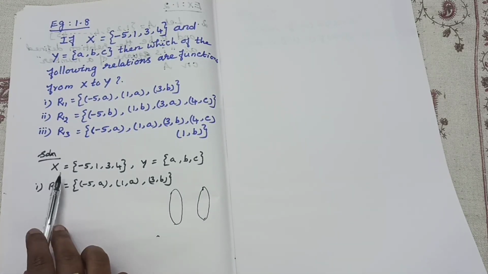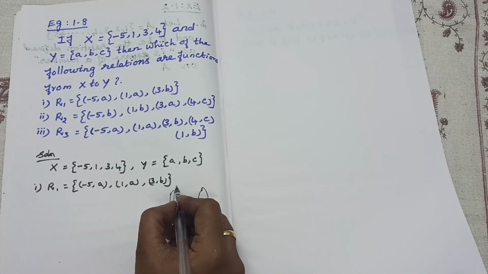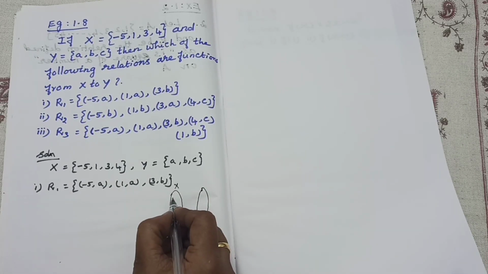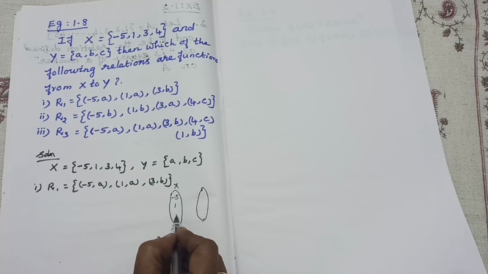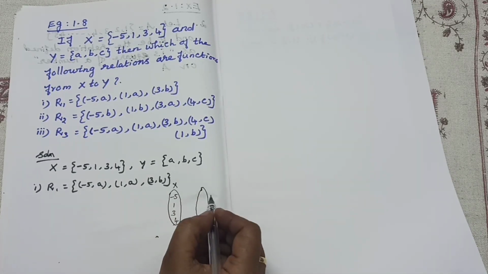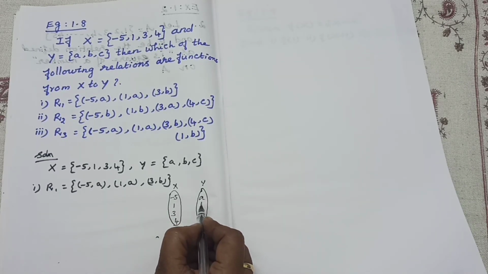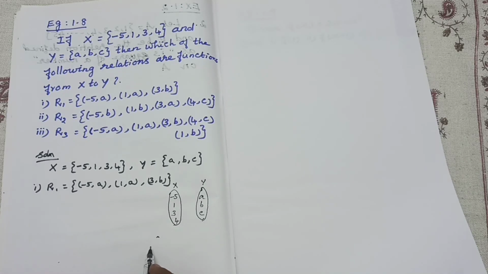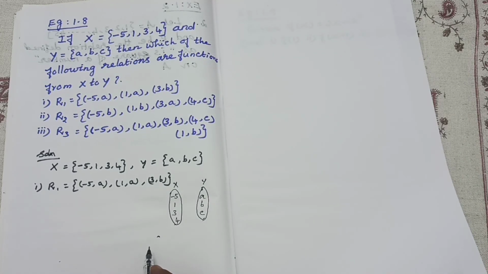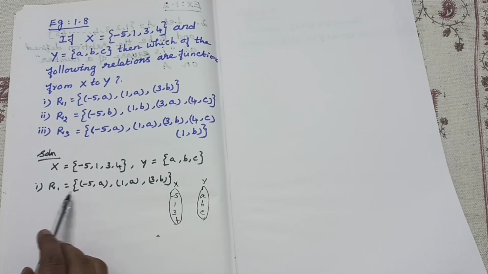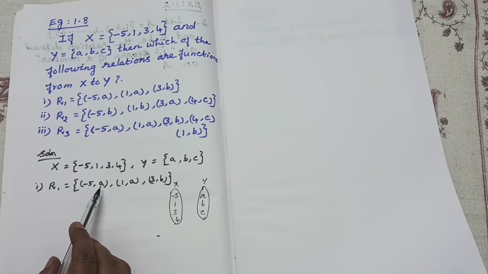And what are the X values? X values we have to write here: minus 5, 1, 3, 4. Then the Y elements, this is Y, A, B, C. Then what is the relation given here? Minus 5 and A, isn't it?